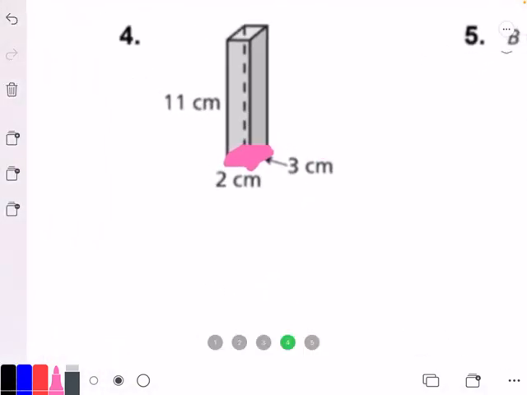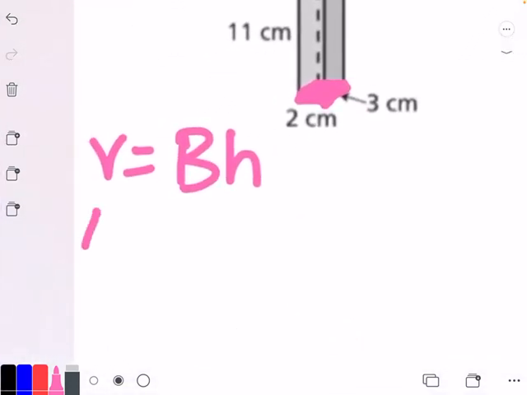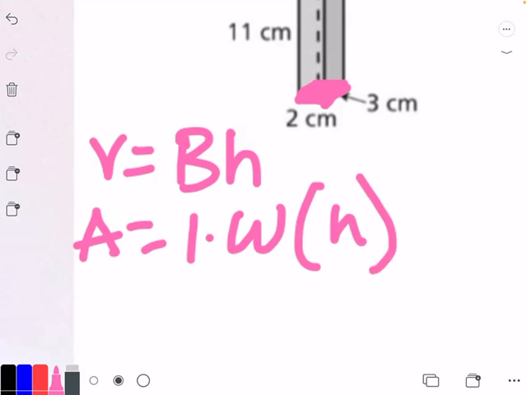So, since this is a rectangle, I'm going to write my area formula. Volume equals, volume formula, base times height. Plug in my area formula, length times width, and now we have times the height. I'm putting that in parentheses.